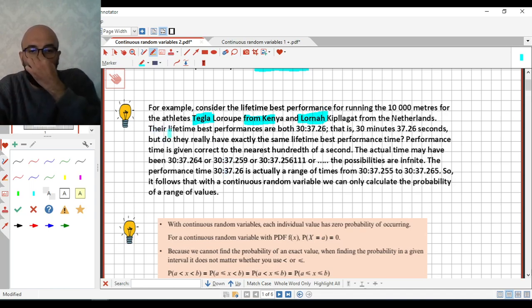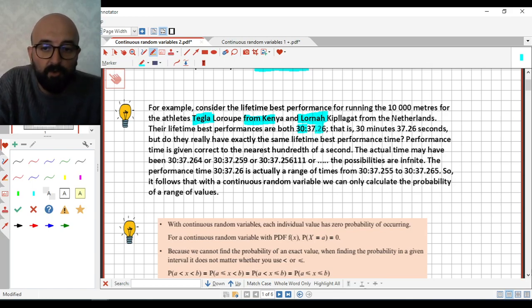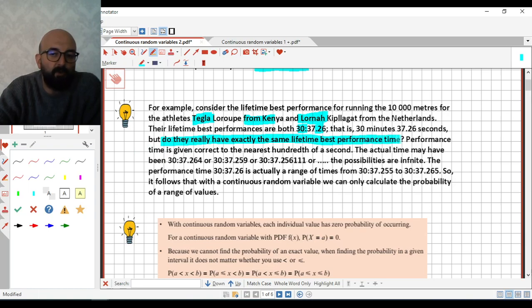Their lifetime best performances are both 30 minutes 37.26 seconds, but do they really have exactly the same lifetime best performance time? Performance time is given correct to the nearest hundredth of a second.